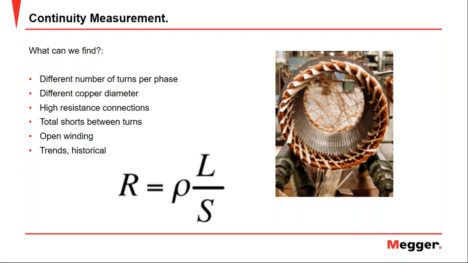We can also find a different copper diameter, high resistance connections, total shorts between turns, and open windings. And of course, the most important and critical issue, we have to build trends, because with the trends, we are able to avoid the catastrophic failure.